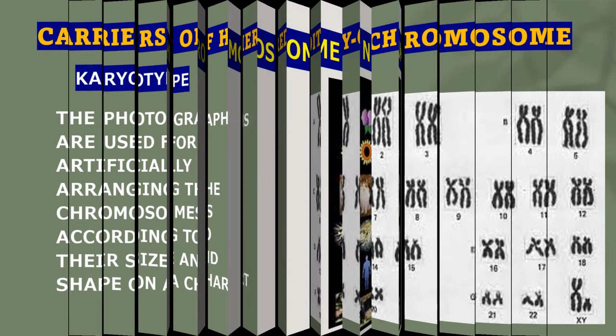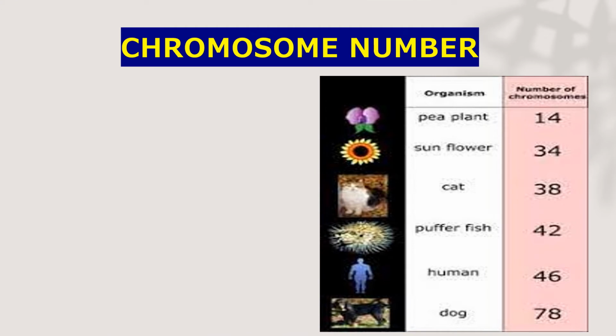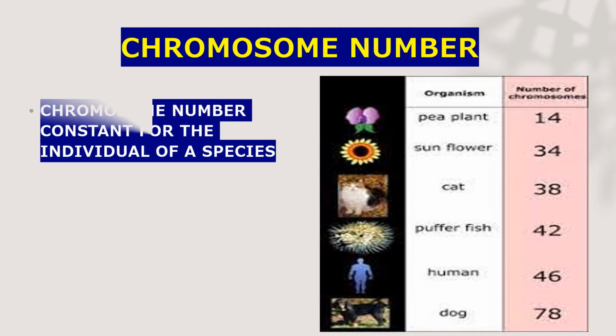Chromosome number is constant for the individuals of a species. Example, pea plant has 14 chromosomes, sunflower has 34 chromosomes, cat has 38 chromosomes, pufferfish 42, human beings 46 chromosomes, dog 78.